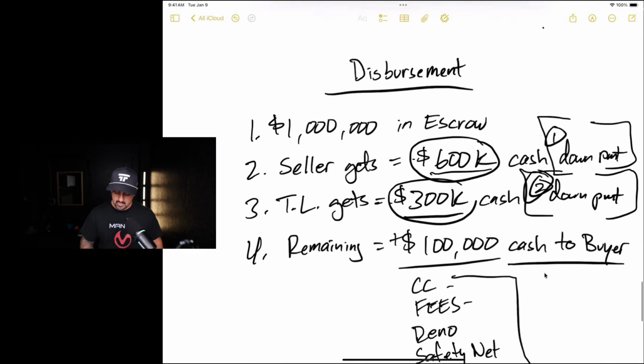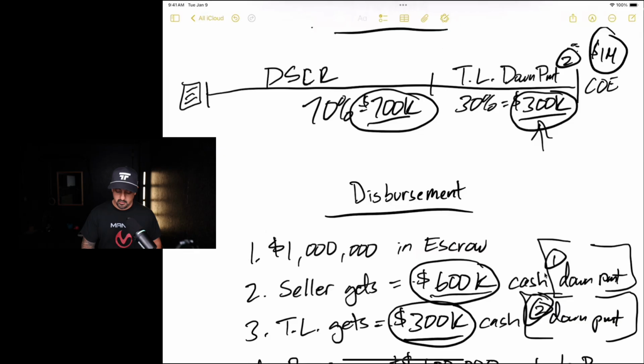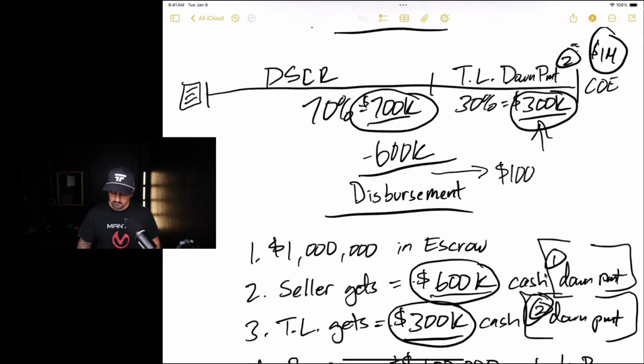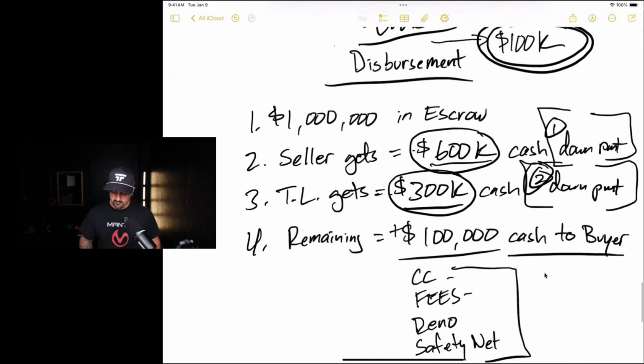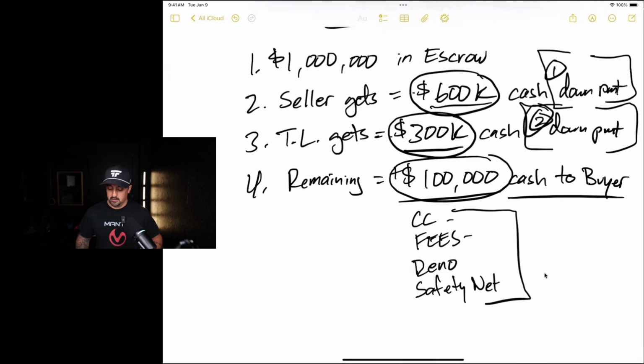It came right back out of escrow. So 600,000 was taken from here, right? Giving us a remaining 100,000. And that's where this 100,000 came from. So that's also accounted for. So hopefully that makes sense. This is the two different down payments where most people get stuck.